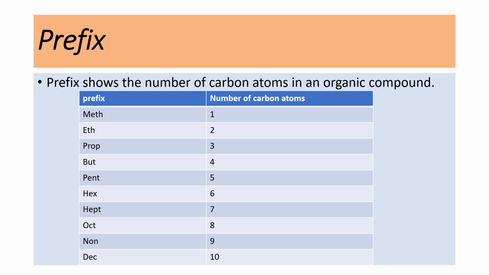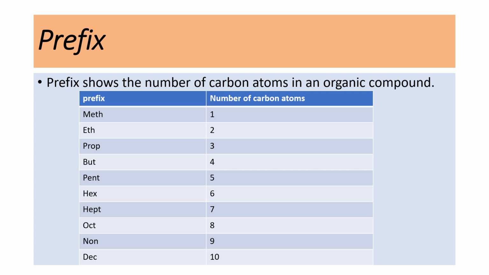If you want to understand, you have to get the prefix, then you also get the suffix. The suffix is the organic family. We looked at the alkanes, and we said they end with -ane. If you get meth, then you add -ane, you get methane. Then eth, ethane.